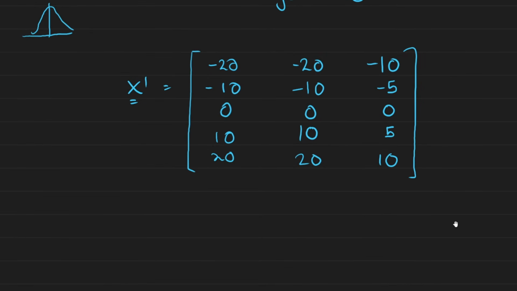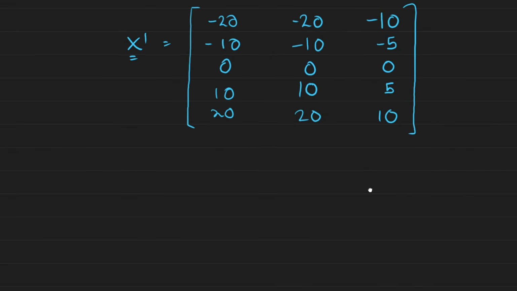The second step is to now determine the covariance matrix. So let's write that as step 2: find the covariance matrix.